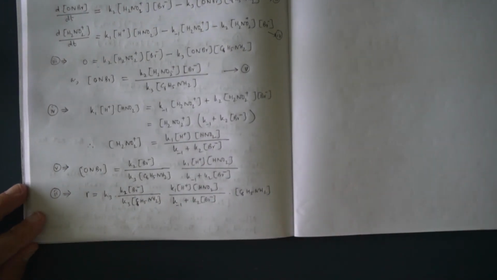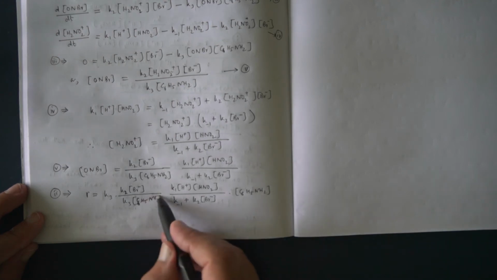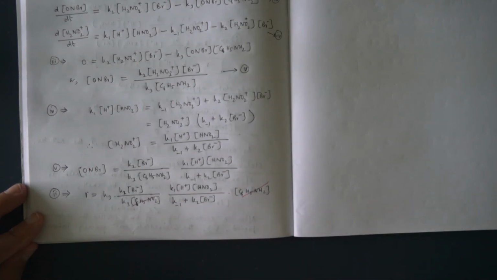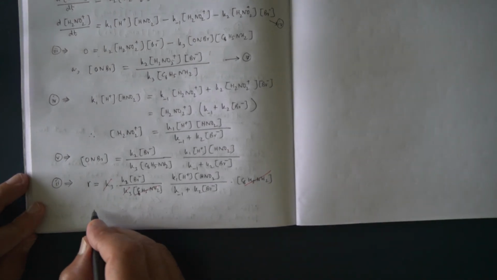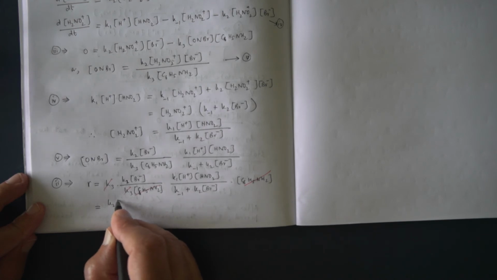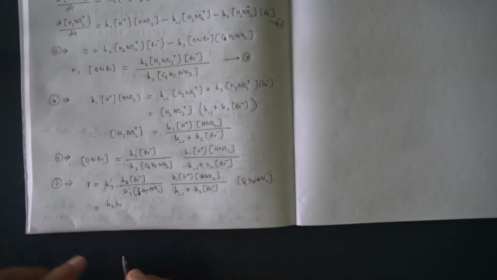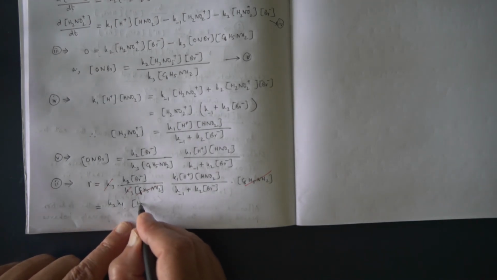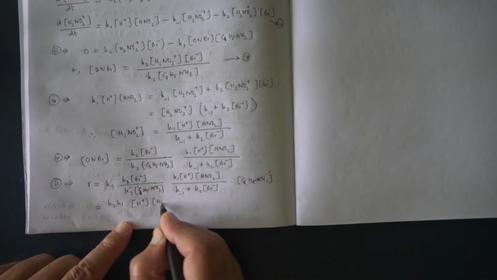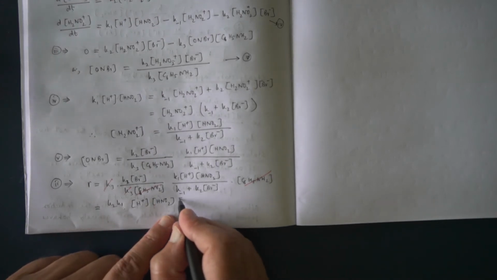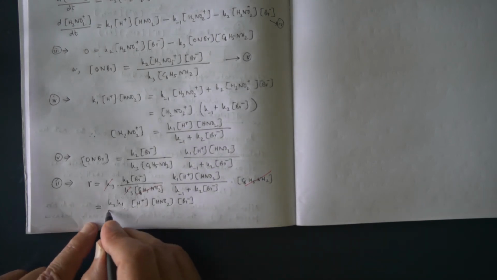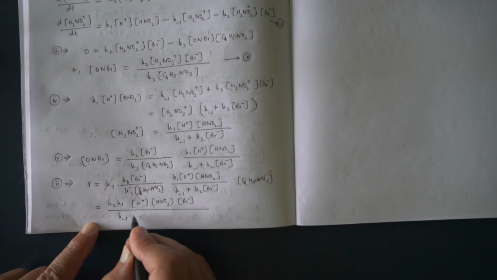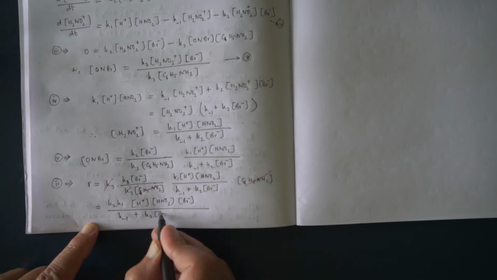Now here K3 cancels. So what we get? R equals K2 K1 [H+][HNO2][Br−] over K−1 plus K2 [Br−].